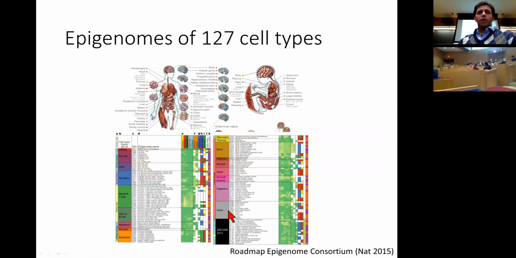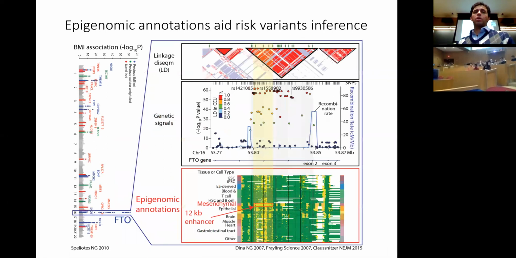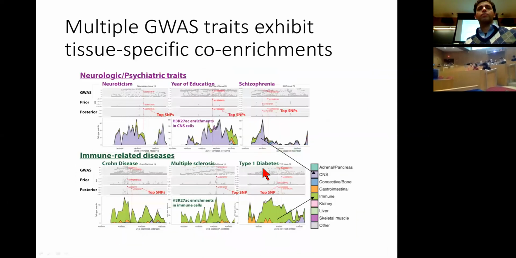So we mentioned earlier that we can basically measure the epigenomic landscape across many different tissues and cell types, as we saw in the Epigenomics lecture. The Roadmap Epigenomics Consortium has generated these annotations across the whole genome for epigenomic variables. You can now start asking, for each of the associations in any particular trait, what are the epigenomic annotations underlying this?